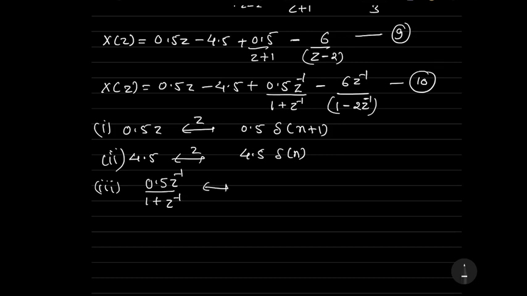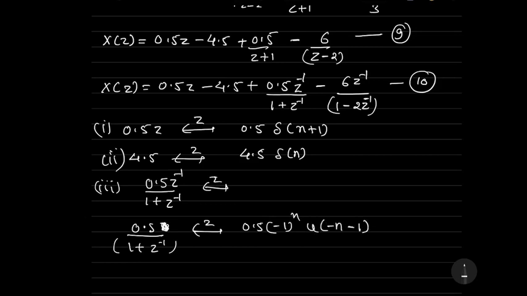Okay, we have to find the inverse z transform. So what will it be? We know that the inverse z transform of 1 upon 1 plus z to the power minus 1, not including the z to the power minus 1, is minus (minus 1) to the power n u of minus n minus 1, as ROC given is less than 1.